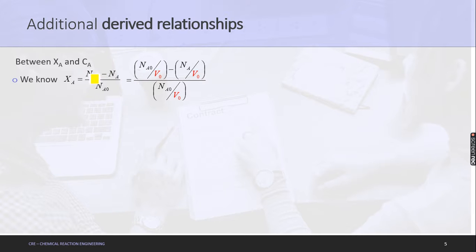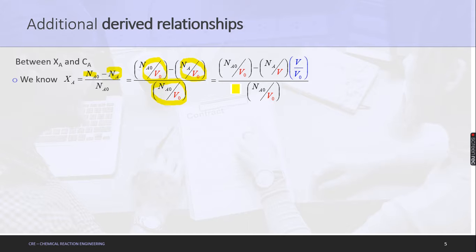And if we divide by the initial volume V0, this term is also divided by V0, so NA by V0 and NA0 by V0. Now we can simplify a little bit. NA0 by V0 means the initial concentration, so CA0. Here also it is CA0.